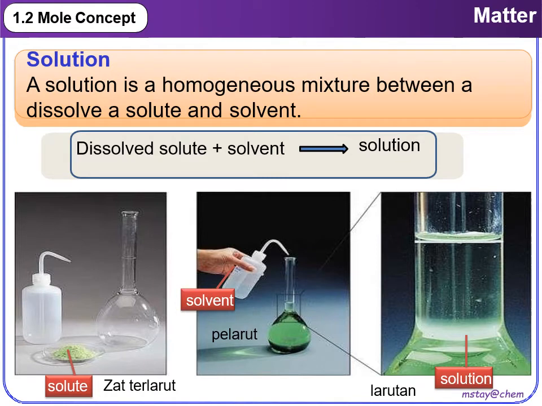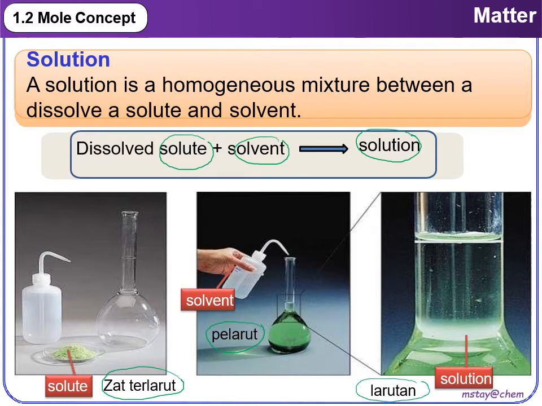Before we go into details of each definition of concentration measurement, you need to know how to differentiate among solute, solvent, and also solution. Basically, solute in Bahasa we call zat terlarut, solvent is pelarut, and the solution is larutan.